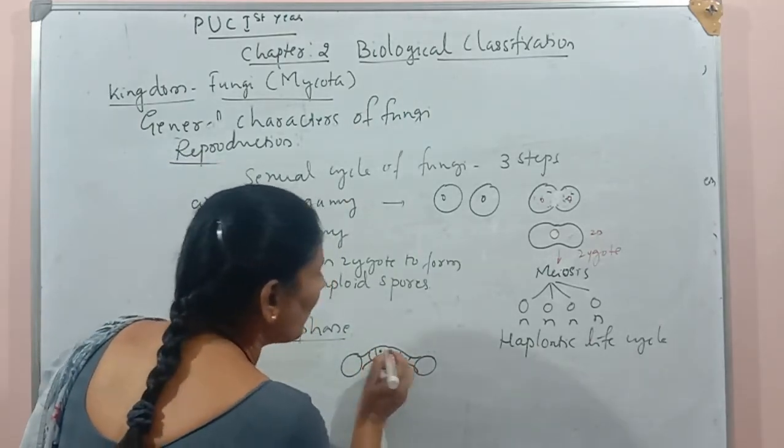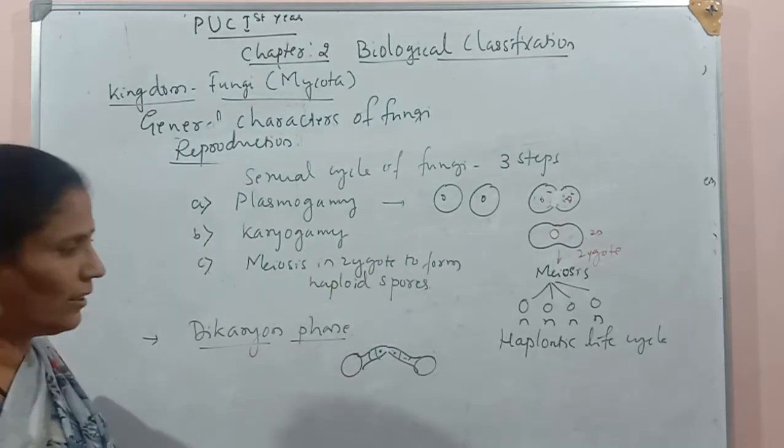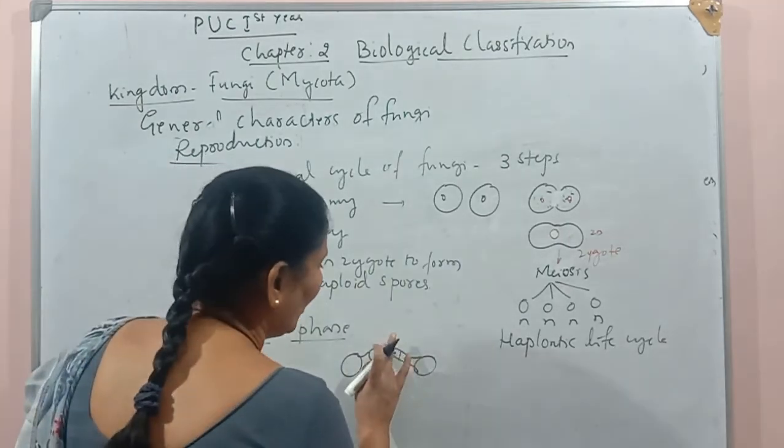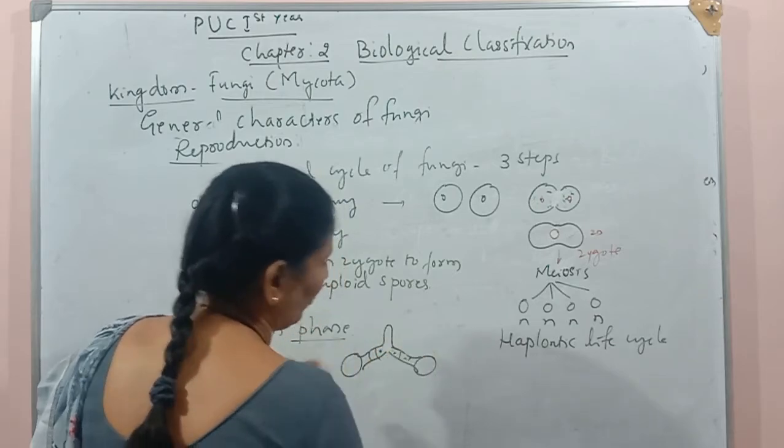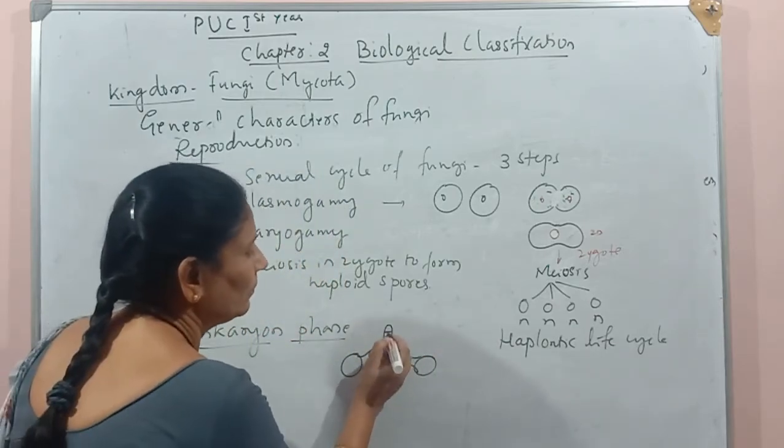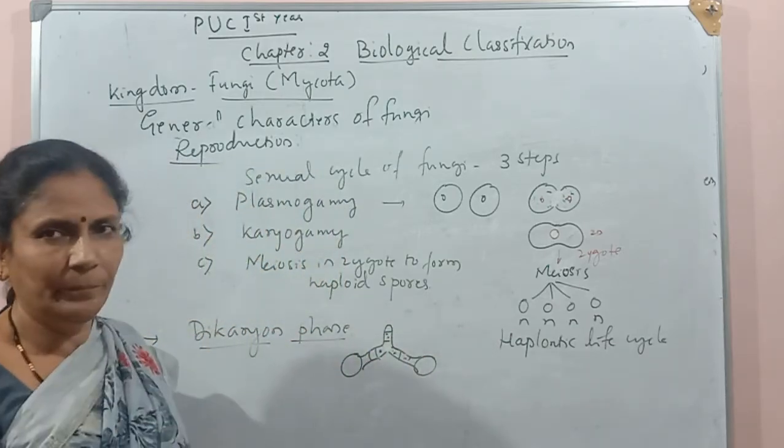The protoplasm of these 2 cells fuse together, or plasmogamy takes place, and they become a common tube with 2 nuclei.